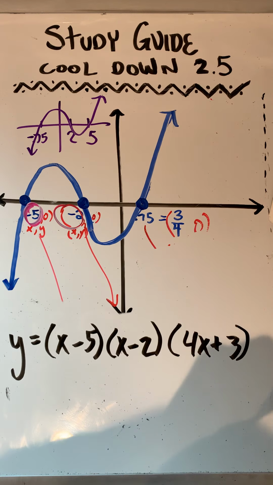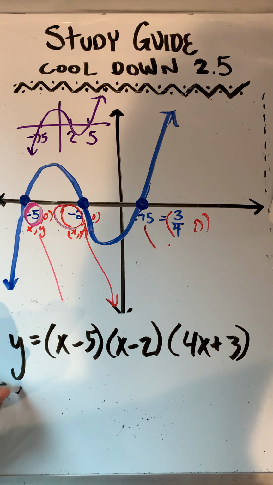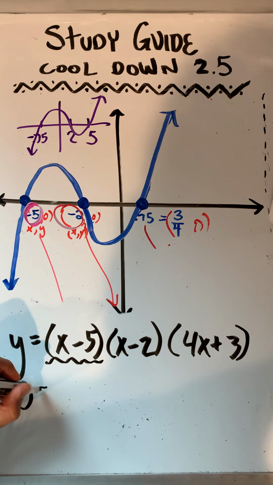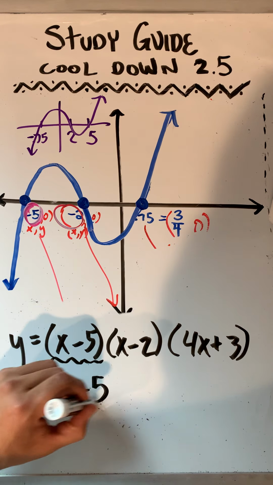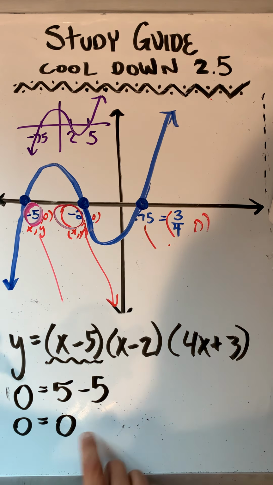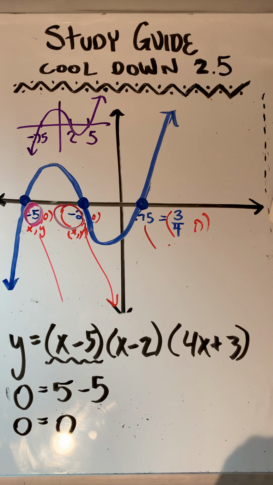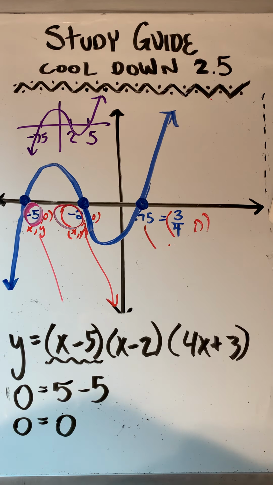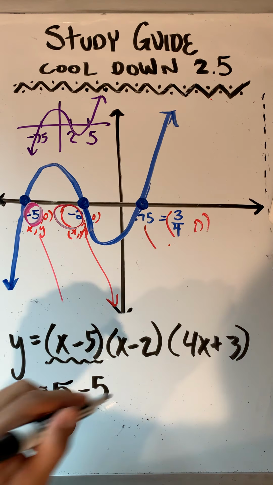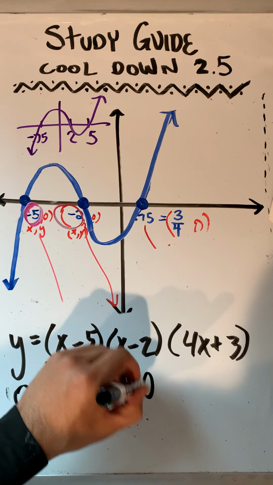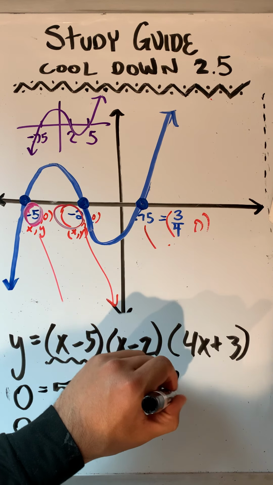So it's saying y equals 0 for this one right here when x equals 5. Okay. That's what it was trying to tell you. Now the next one, it says we get a y value of 0 when the factor x minus 2 has an x value of what? So this one, you get a y value of 0 if the x value is 2.